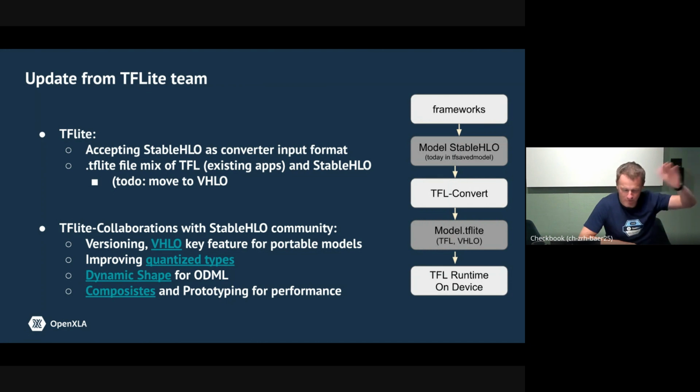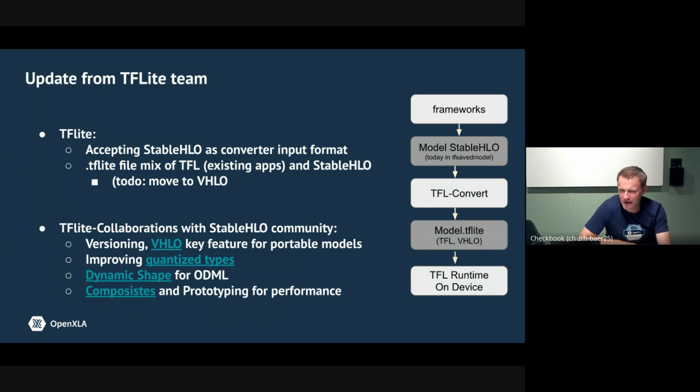The path there is you go from frameworks to stable HLO into the converter, and from there we generate a TF Lite file which goes into the runtime. Historically the TF Lite file only had TF Lite ops, and now we're starting the process of adding stable HLO ops there.